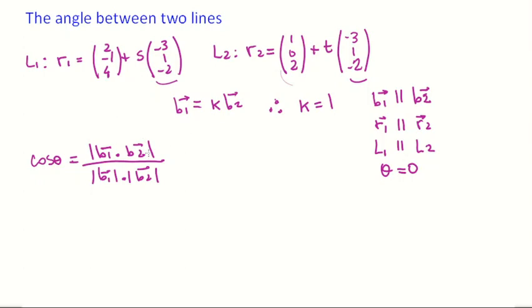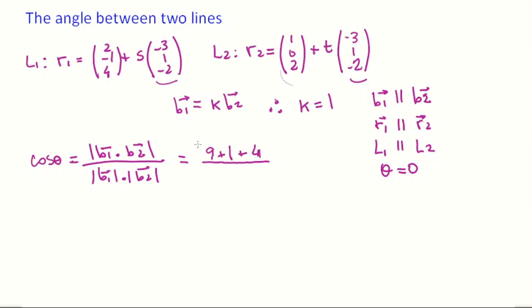So the dot product of them, so 3 and -3, if we multiply them, that's -9, plus 1 and 1, that's 1, and -2 and -2, that's 4, over... this is going to be a positive value, so I will not put the absolute sign here anymore.